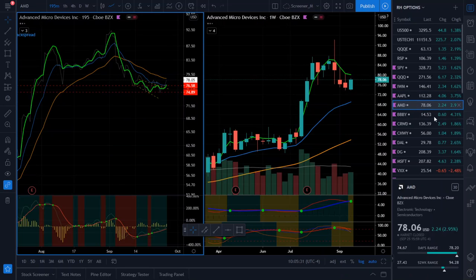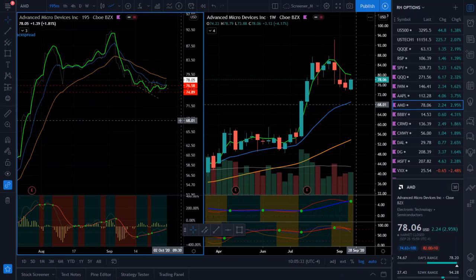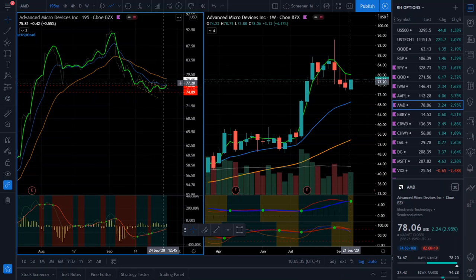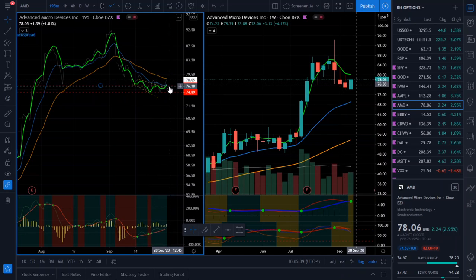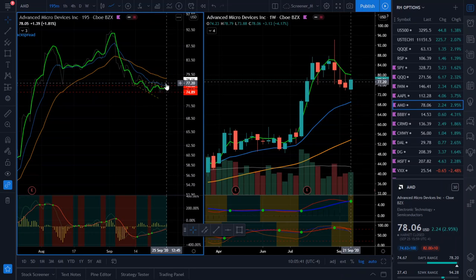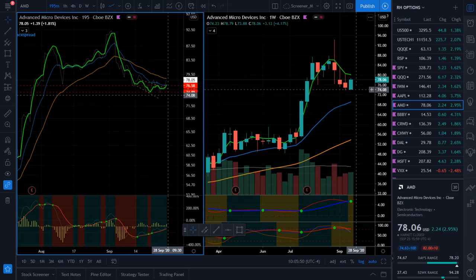Next, let's take a look at EMD. EMD similarly trying to break out of the downward trend, trying to break out of the resistance in here and the 13 EMA, and looks good for me in there. If I look at the weekly chart in here, this is very promising, right?